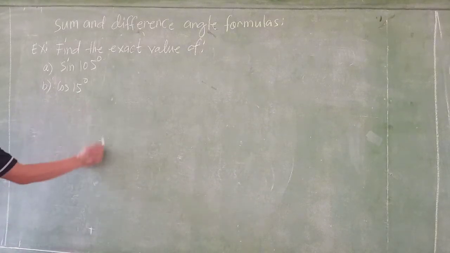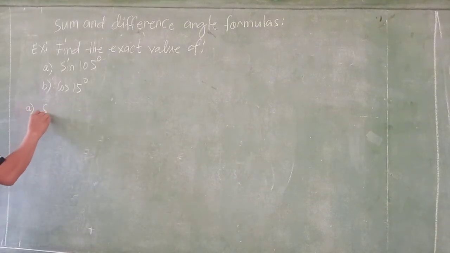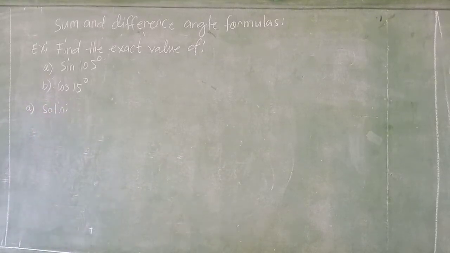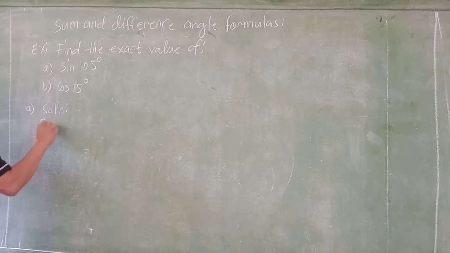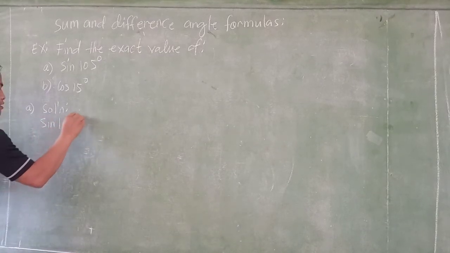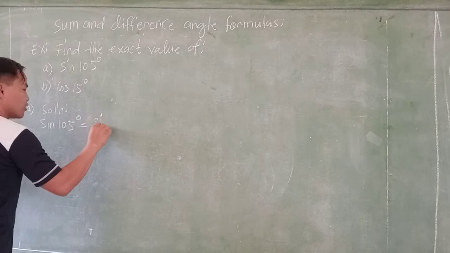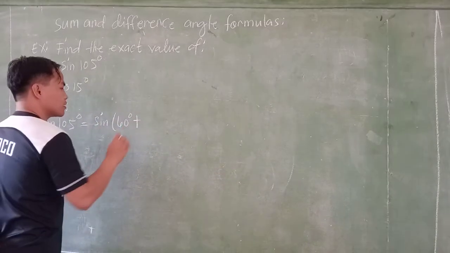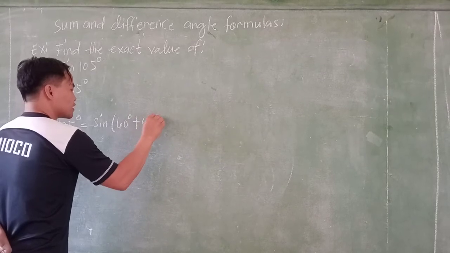So for letter A, solution. Sine of 105 degrees is equal to sine of 60 degrees plus 45 degrees.